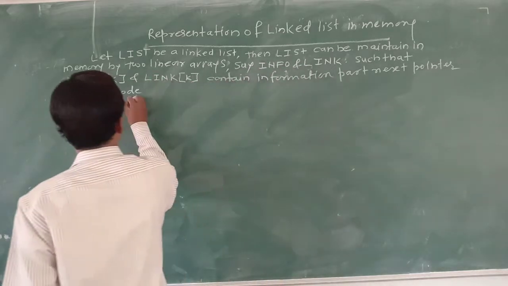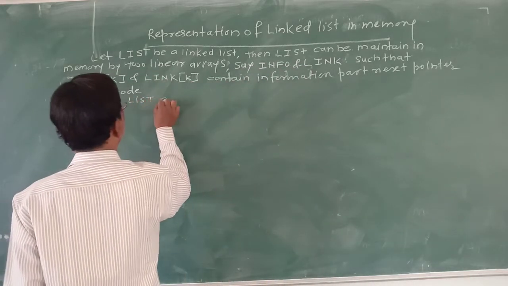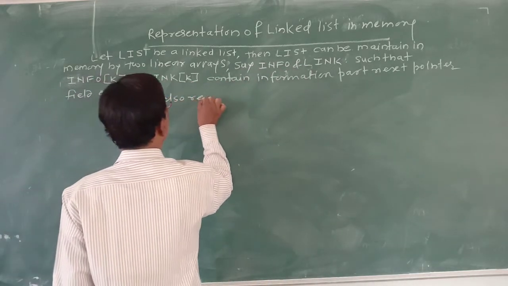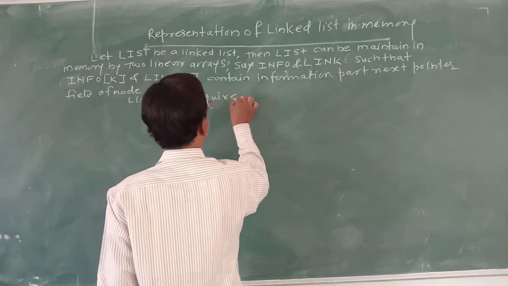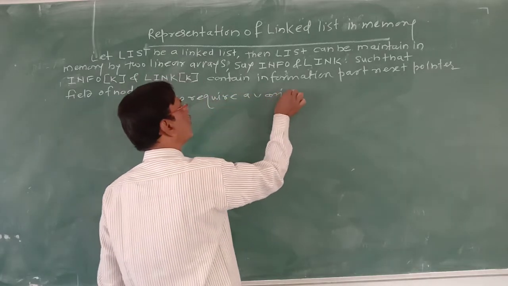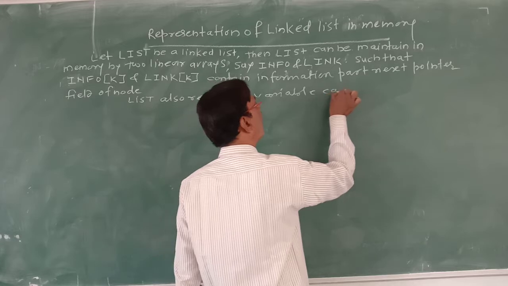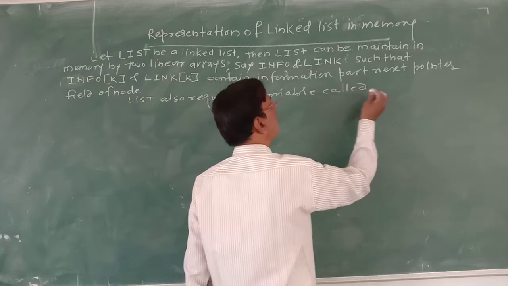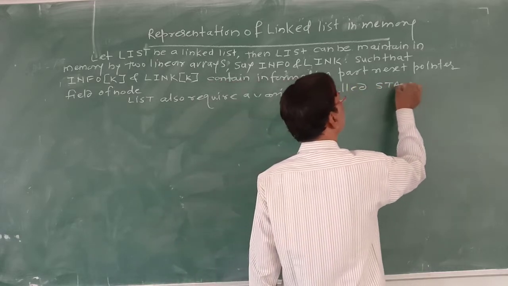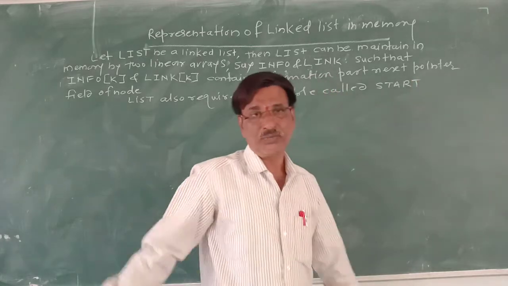The list also requires a variable called start. For what?